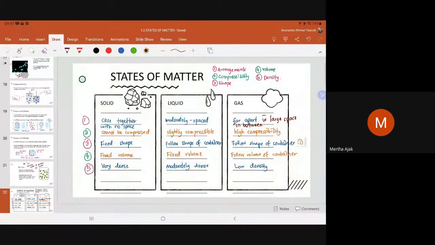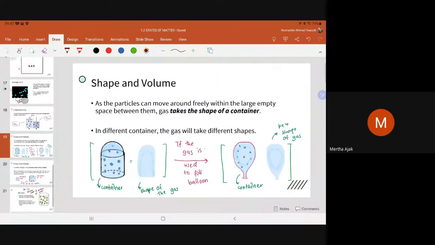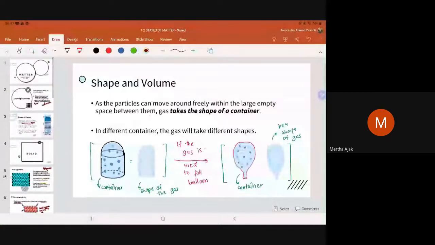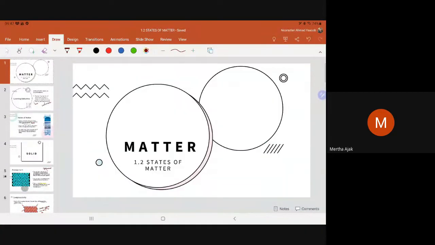Cara kita buat ayat tu ataupun cara kita answer the questions is very important. You have to look at what the question asked lah. Saya yakin kamu semua dah dilatih dekat sekolah macam mana cara nak jawab exam kan. Cara nak jawab soalan mengikut kehendak soalan. Okay. Alright. So this is the lesson about states of matter.